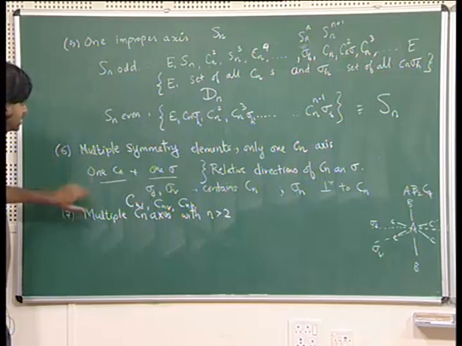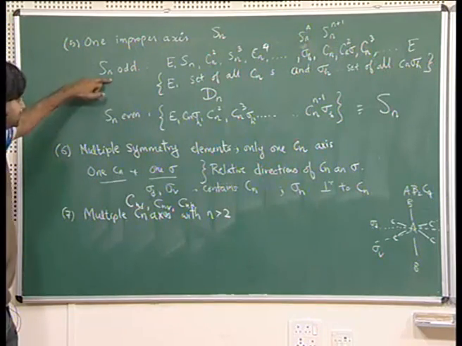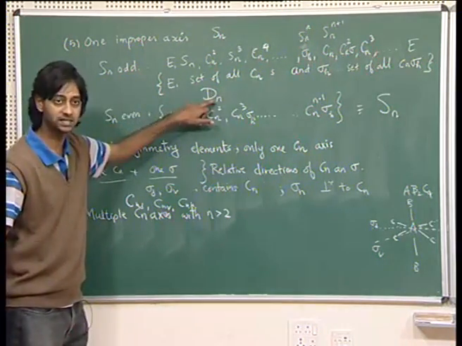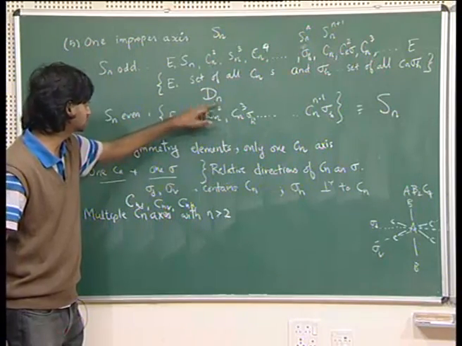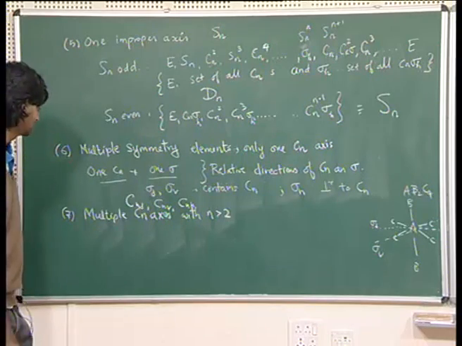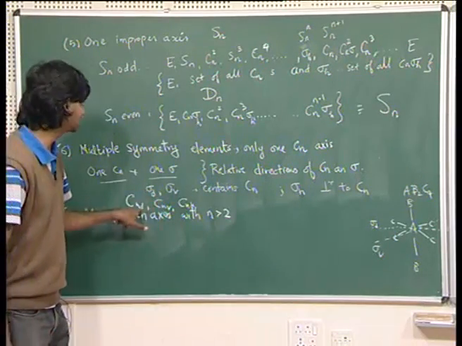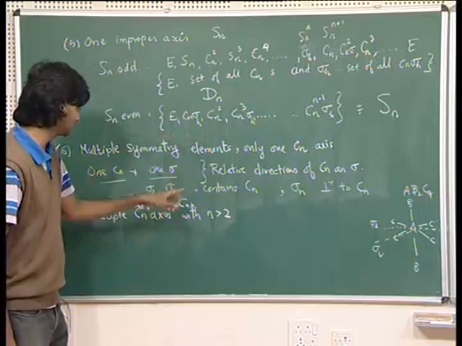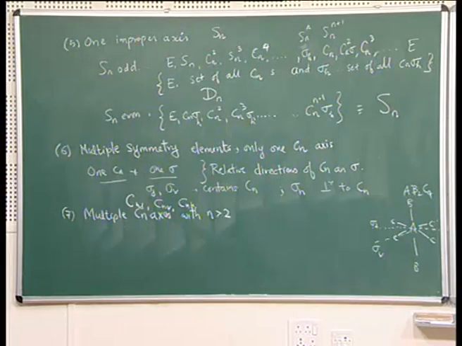Next we have already said that if it contains S_n, it is called D_n. Then there are also groups that contain S_n. If it contains S_n and sigma_d, sigma_v or sigma_h, then you call it D_nd, D_nv or D_nh.